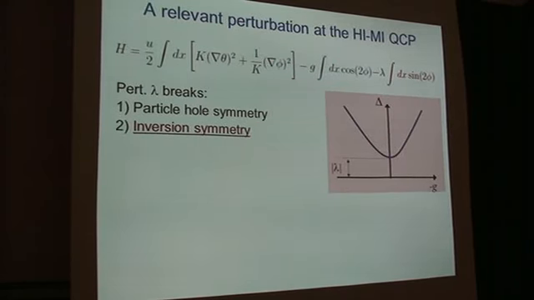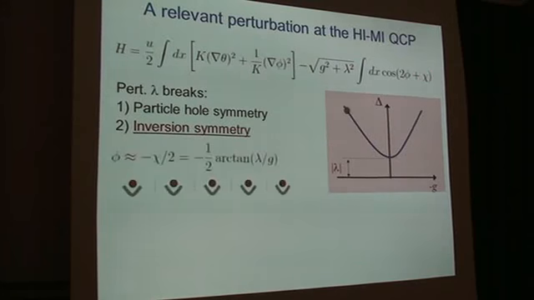But you can see immediately that if I take g through 0, of course this remains, and this remains because you can write this term as a cosine term with an extra phase chi, and this phase chi is just the arctangent of lambda over g. And what it means is, if I now by hand break the inversion symmetry in a way that's easy to do in experiment, I can tell you how.